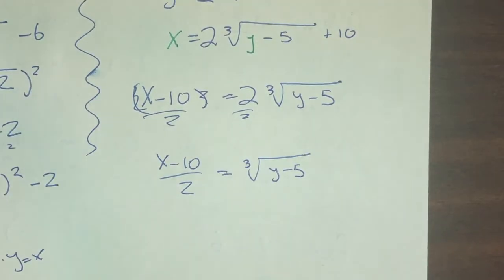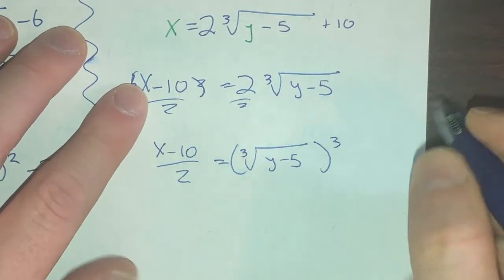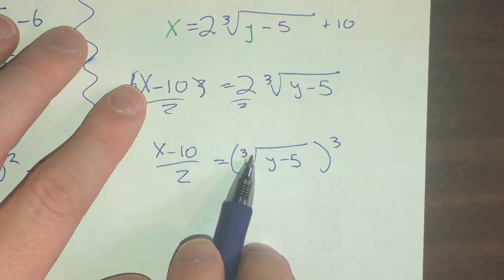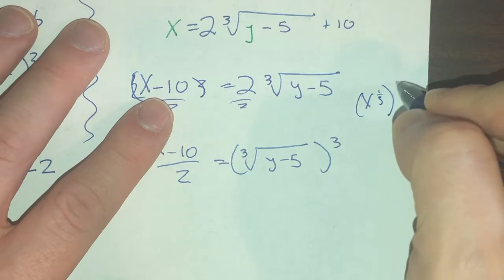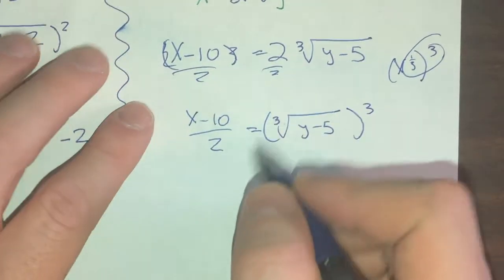Okay, now how do we undo a cube root? Well, what we're going to do is cube both sides. Because if you think about it, this is to the power of 1/3 because it's a cube root. Now, if I do x to the 1/3 to the power of 3, these multiply and cancel.